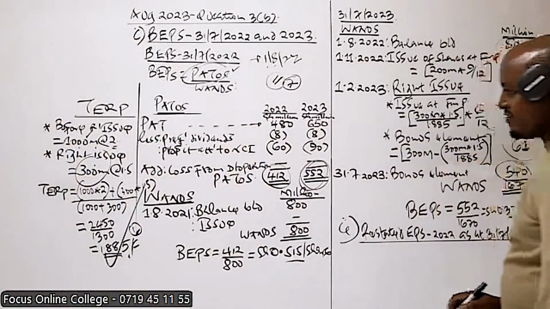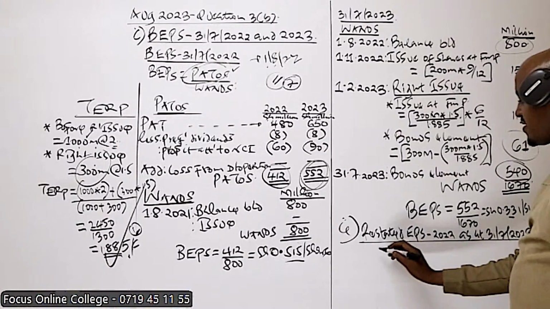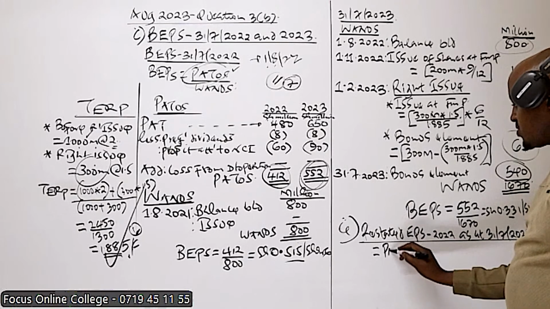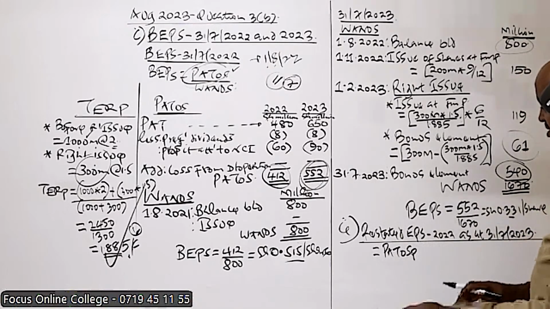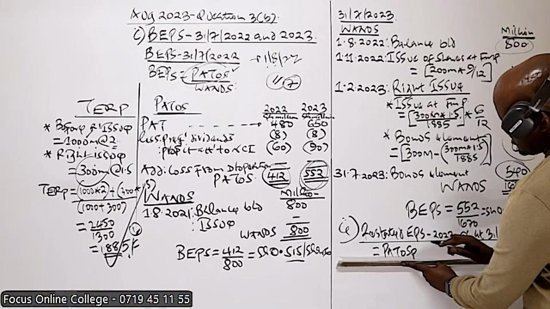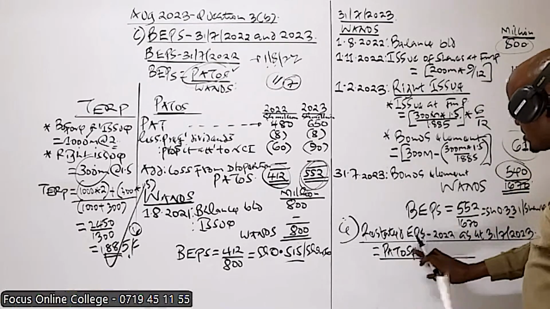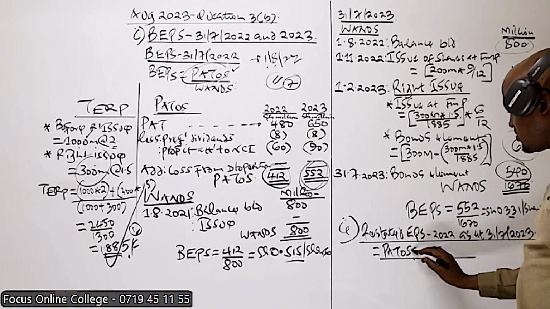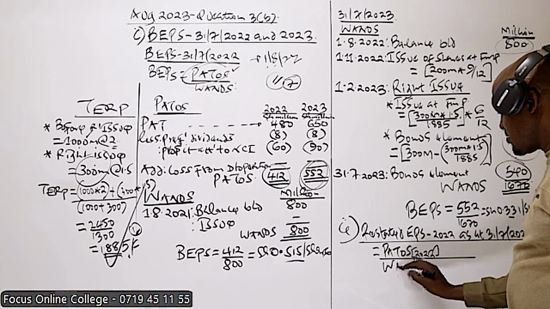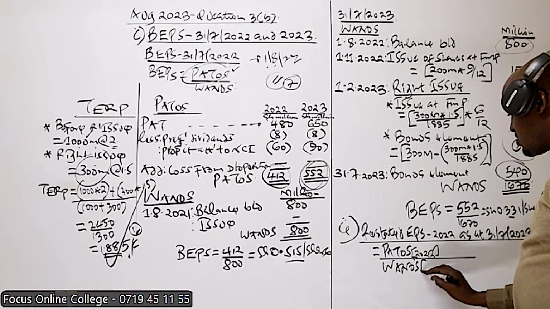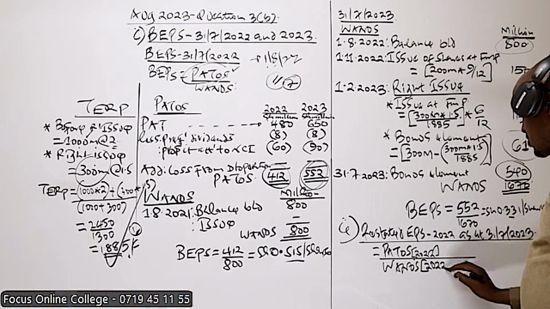Recall the formula which I've given you for adjusting the earnings per share. I've said we take the PATOS for the previous year, which is 2022. We divide that by the 1/0, also for 2022.